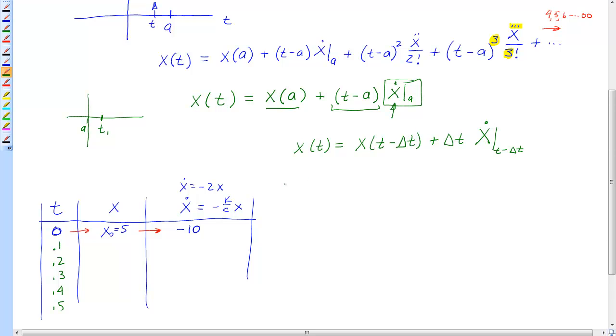So what I'm saying here is I take this column now, and multiply it times delta t times x dot. My delta t is always going to be 0.1, so I get 0.1 times minus 10, or minus 1.